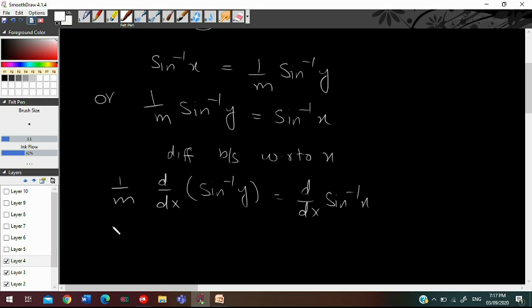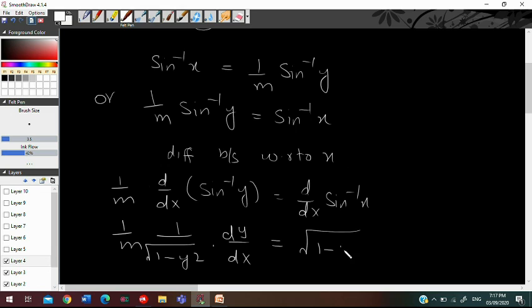We know that the derivative of sine inverse of x has a formula, and that is 1 divided by under root 1 minus x square. So here we have 1 divided by under root 1 minus y square times dy by dx, and again here we have the formula 1 by under root 1 minus x square.